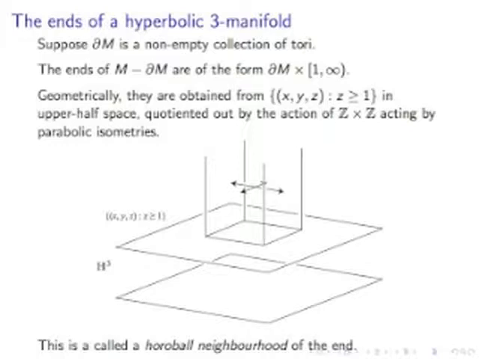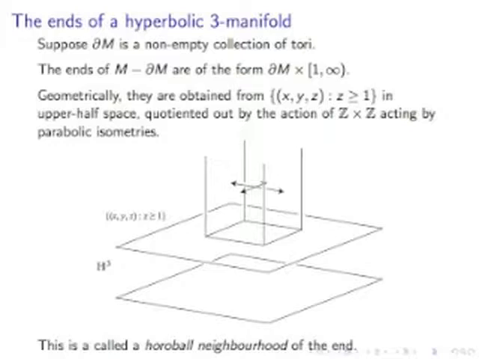Geometrically, they're obtained from the set of points in the upper half space model of hyperbolic 3-space with z coordinate greater than or equal to 1. Then you take that set of points, and you have a set of hyperbolic isometries which preserve it, an action of Z cross Z on that set acting by parabolic isometries. The parabolic isometries just act by Euclidean translations.